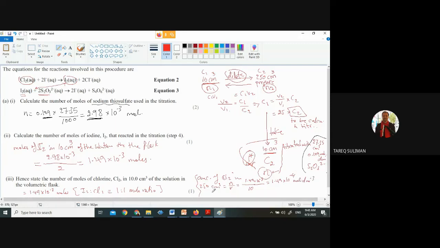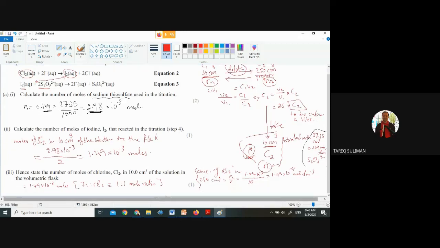Now I need the concentration where? In the original solution. How to find it? As you said, C1, okay? So concentration in the original solution, always do this way, equals to 250 divided by 10 multiplied by 1.49 times 10 to the power minus 4.